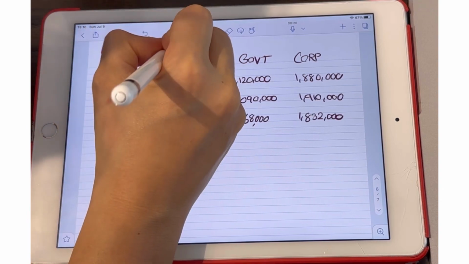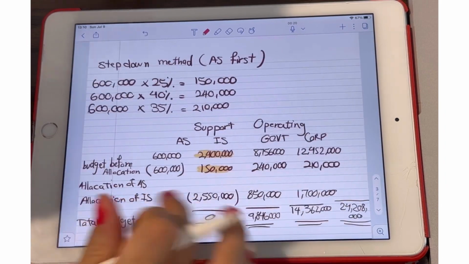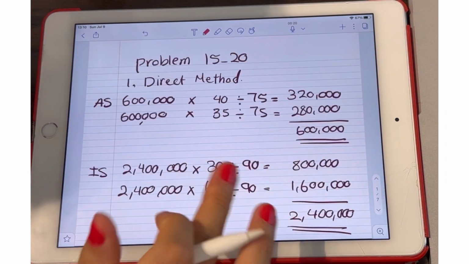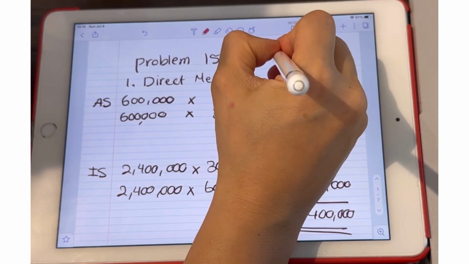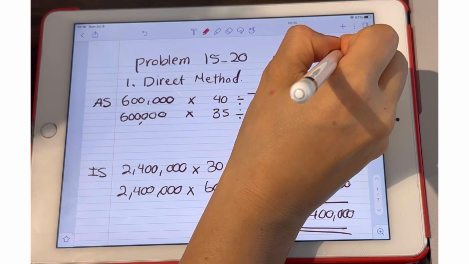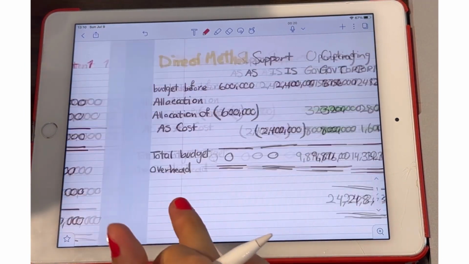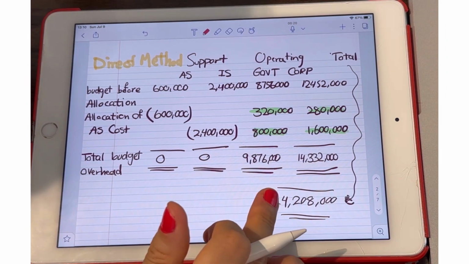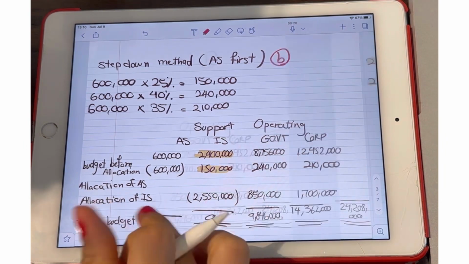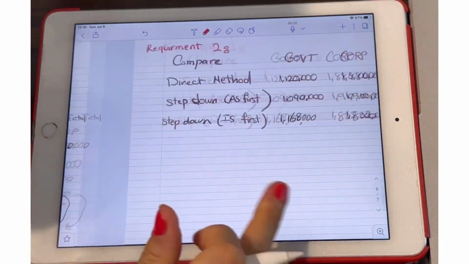So you can have these details for requirement 2. This one, requirement 1 part A, requirement 1 part B, and requirement 1 part C.